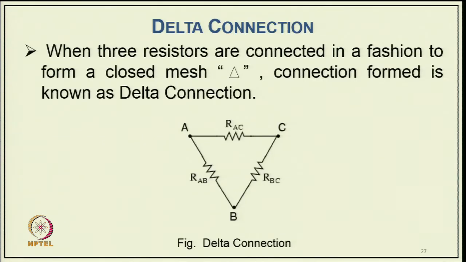Then we go to the delta connection. Typically, the delta connection is when 3 resistors are connected in a fashion to form a closed mesh. That is the symbol for the mesh, and the connection is known as a delta connection. It is a kind of delta mesh connection, as you can see here with the 3 closed paths of the 3 resistors with the ABC terminals, and these resistances may be equal or unequal, as we discussed earlier in the case of a star connection.